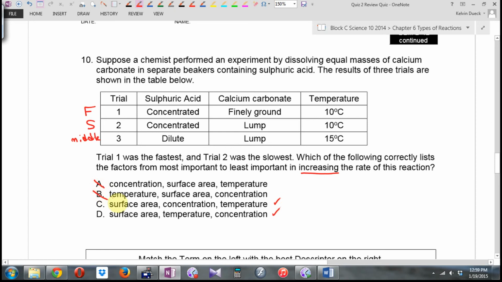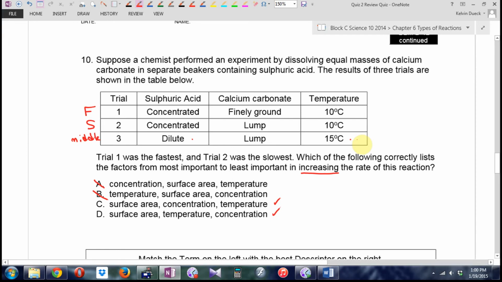Oh, from most important to least important. Let's look at the difference now between the fastest and the middle. Well, here we changed 2 things, the temperature and the concentration. I'm not sure.